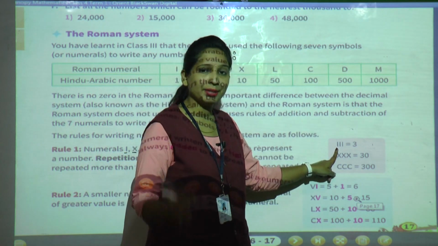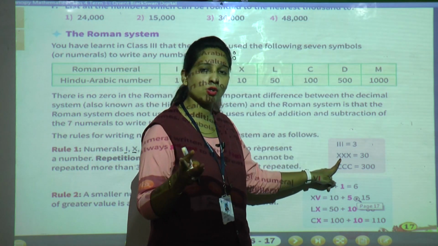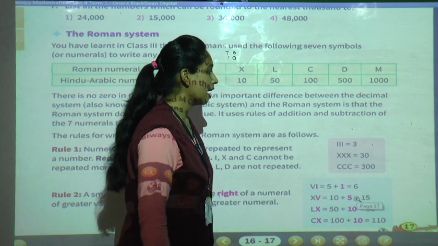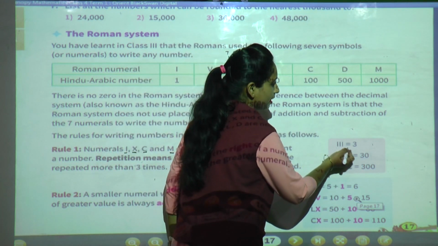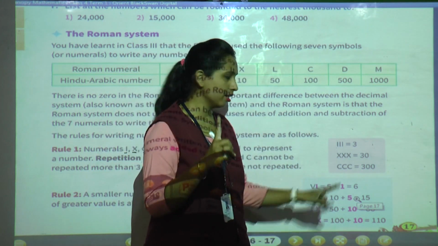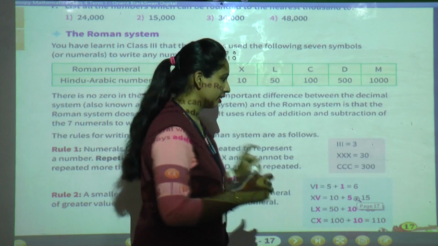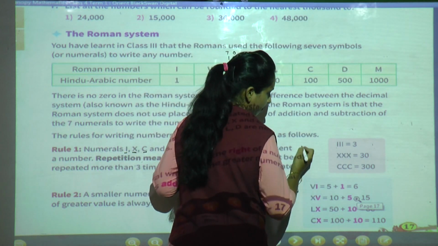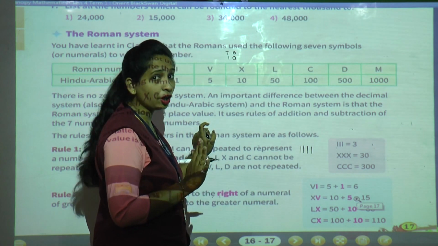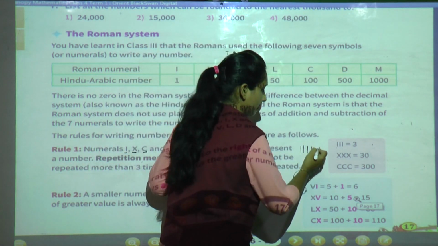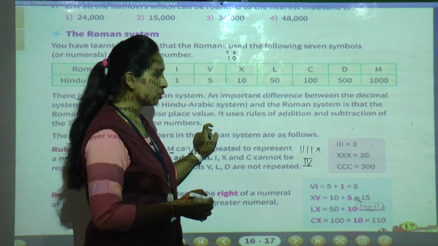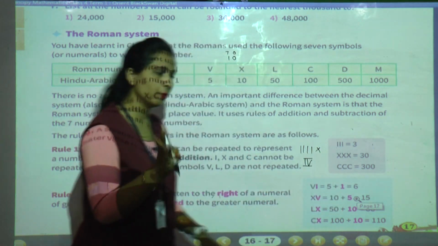I we can repeat up to 3 times, X also we can repeat 3 times, and C also 3 times. See, I plus I plus I becomes 3. I means 1, so three I's means 3. But if we add I 4 times, it will not be 4. This will be wrong. We write 4 as I and V. So I can be repeated only 3 times.